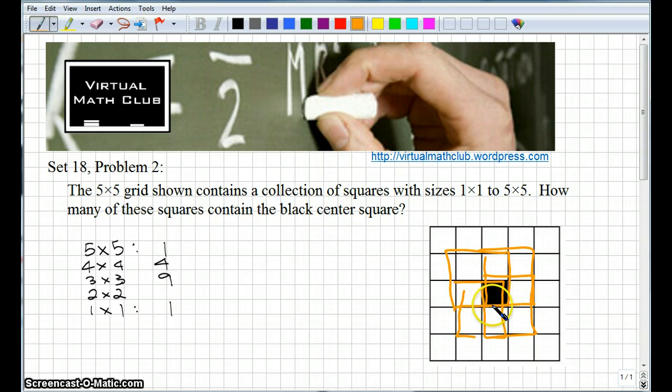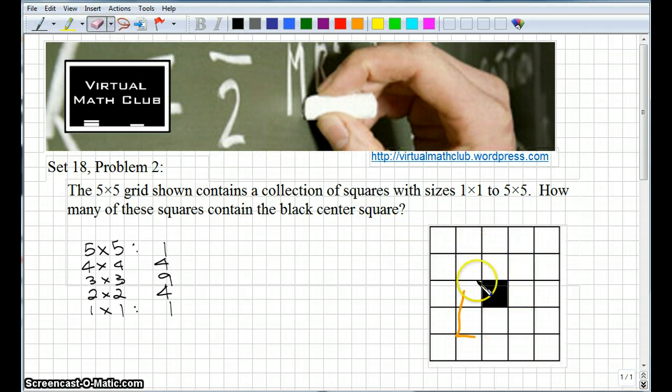And that's all that we're going to have that include the black square, because any of the ones outside here, across the top or across the bottom or down the sides, if they touch any of the sides, they're not going to include the black square, because the black square is two squares away from the sides. So we have 4. Let's write that down. And we already counted the 1 by 1s, because none of the 1 by 1s include the black square except for the black square itself. So I think we've got them all.